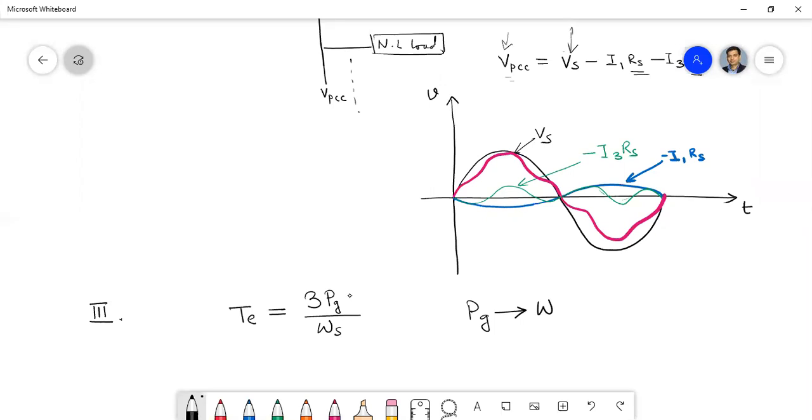Now, for the same rating, for the same input current and voltage, if we want to have the active power or the average power, what will be the case in a line current having the non-sinusoidal or harmonic component?